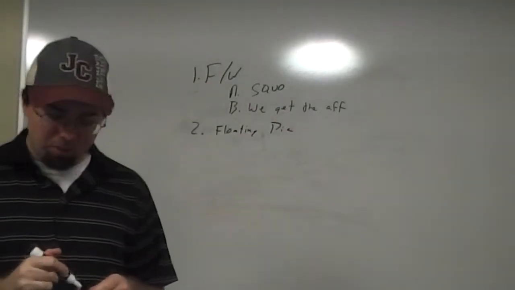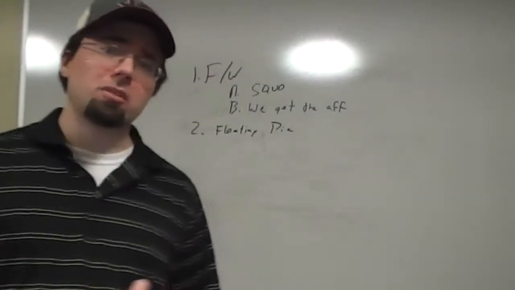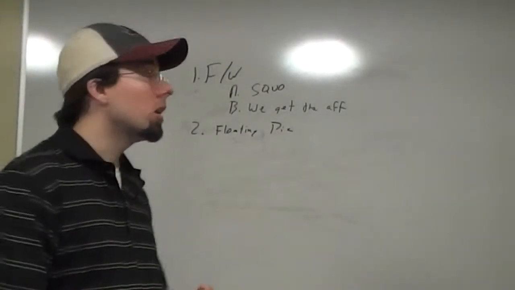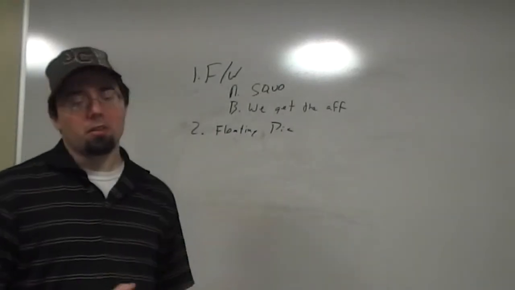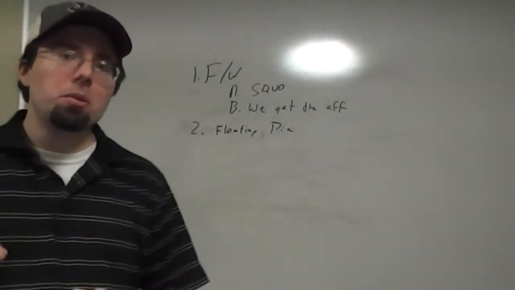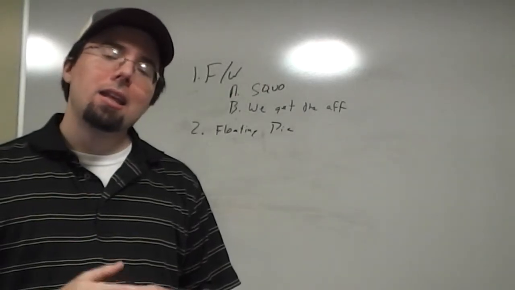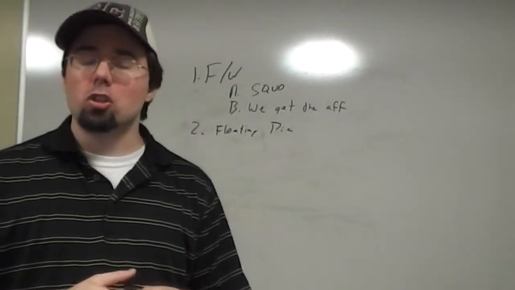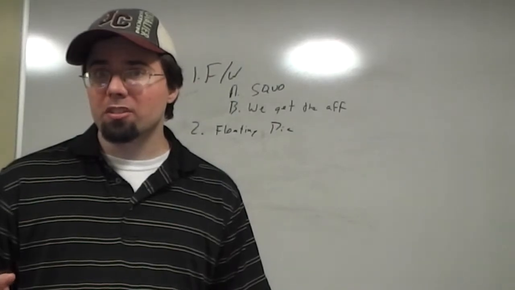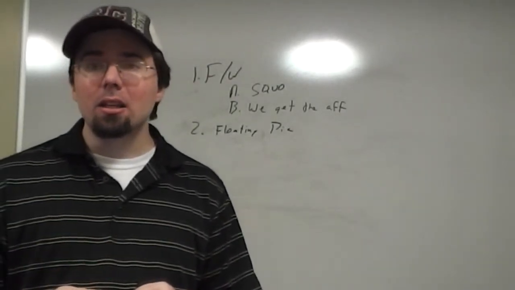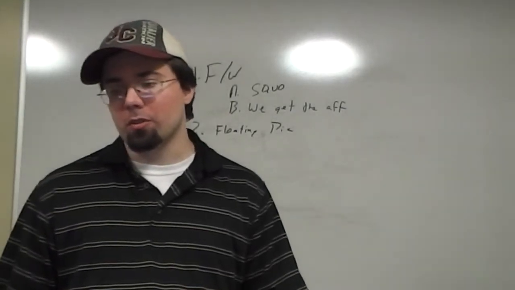The second big theory argument is a floating pick argument. While most people consider picks when it comes to counterplans as being good, there are many people who don't consider floating picks to be good. What a floating pick does is it is an alternative, and in the alternative text it does not talk about the affirmative per se, but a floating pick can do the affirmative.